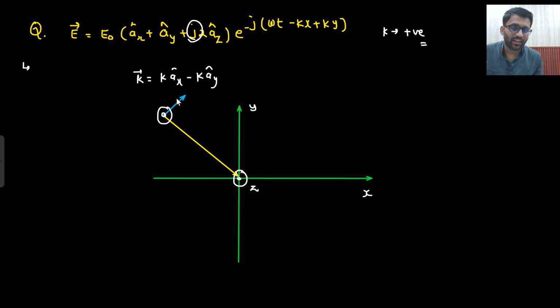So the electric field, which is in x and y, has the equivalent of root 2, because ax plus ay.